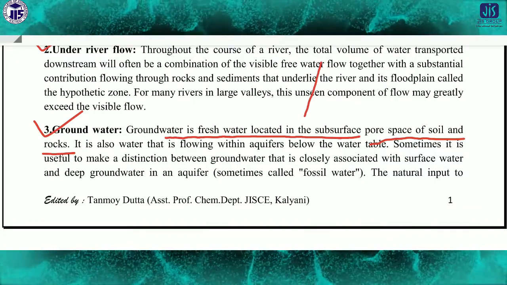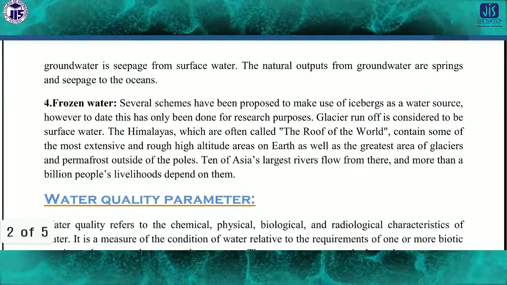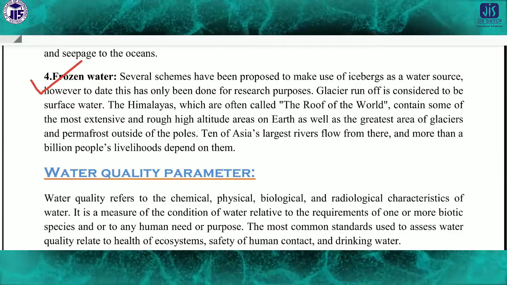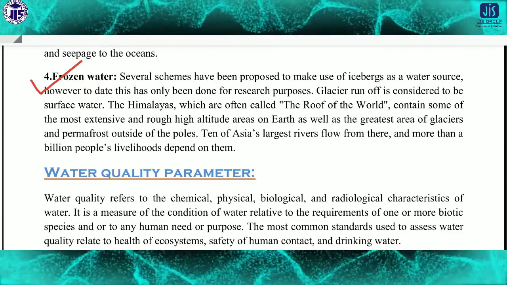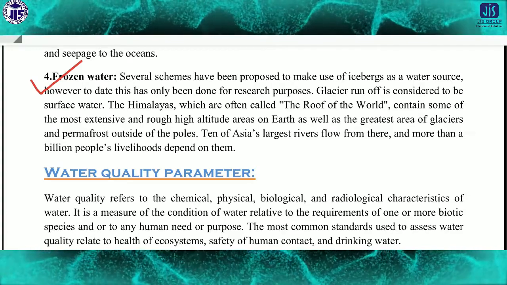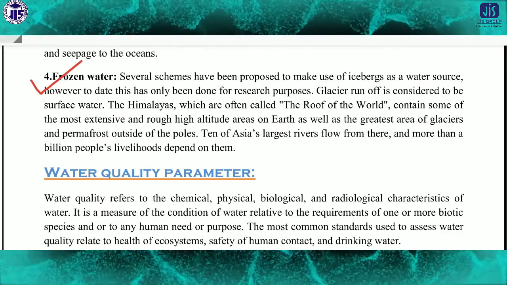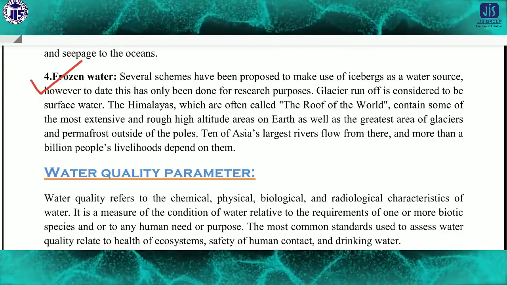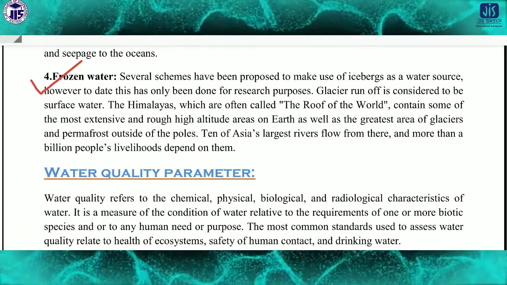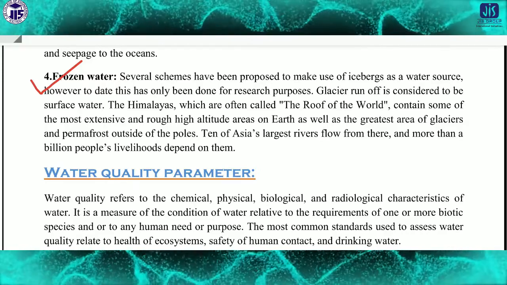Now the fourth category is frozen water. Frozen water is also very fresh water. Several schemes have been proposed to make use of icebergs as a water source. If there is any question like which is the purest water, like rainwater, groundwater, pond water, and the water of glaciers, then the option will be water in the glaciers, because frozen water is the most pure water till now.